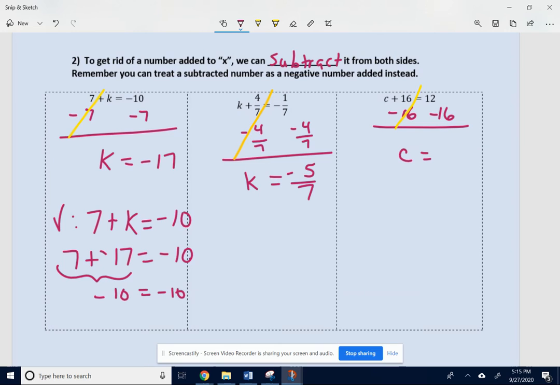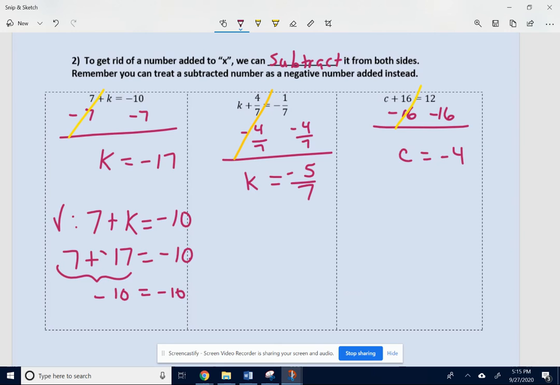And on the right, we have a 12 and a negative 16 added together. That's two numbers with a different sign added, so you subtract and keep the sign of the bigger number. 16 minus 12 is 4. The bigger number is negative, so c equals negative 4.